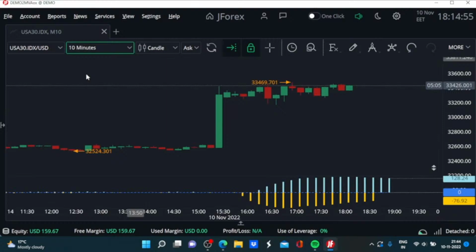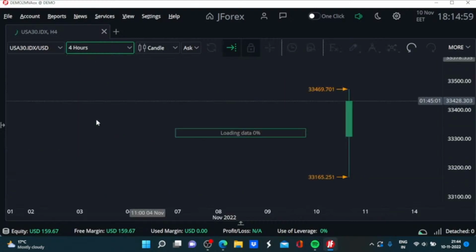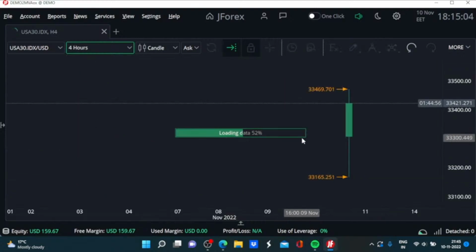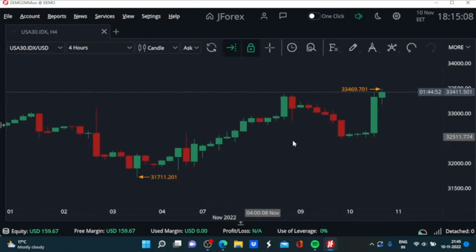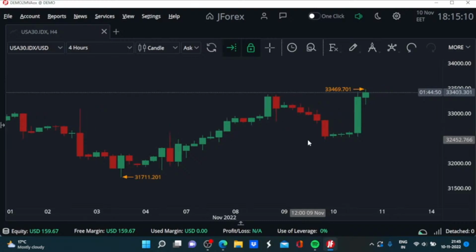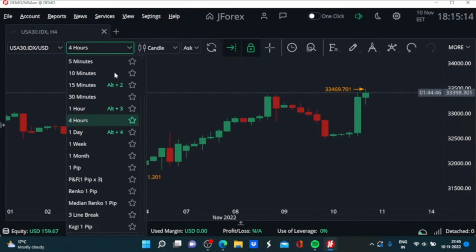So only on these two time frames we will have the indicator plotted. But if I go for, say for example, 4 hours, we won't be having the plotting of the indicator. So you have to be careful and see which is the time period on which you want this indicator to be available. Only on that time frame you will have this indicator available to you. So that's how these things work out.